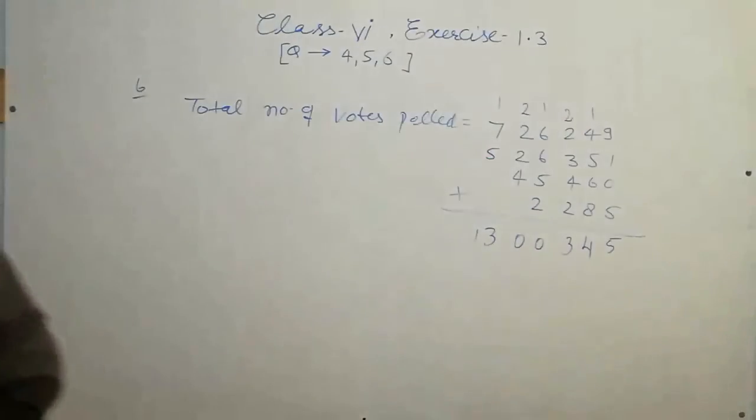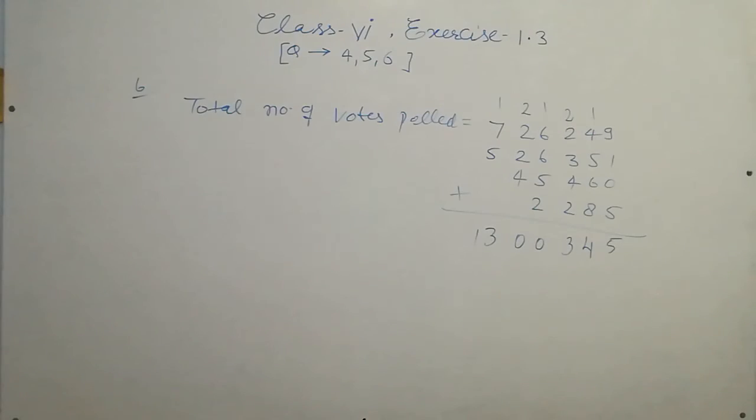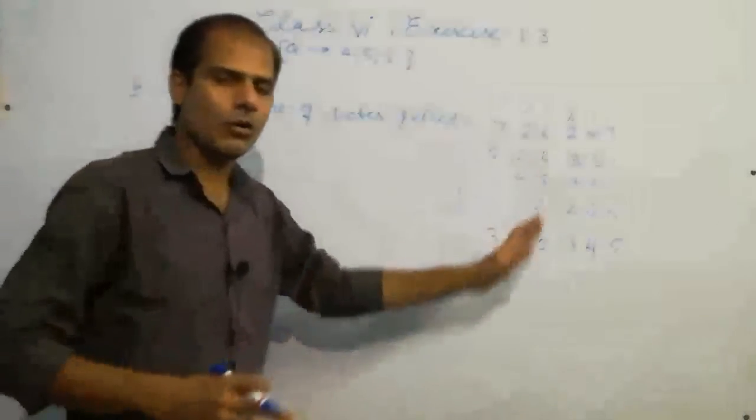So students, the answer of this question is 13,00,345. This is the answer of the sixth question. You have to just add all these values.